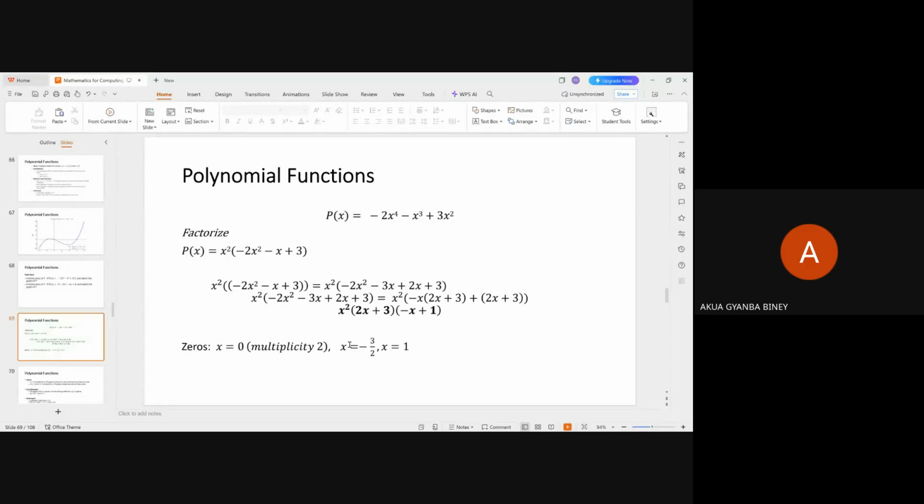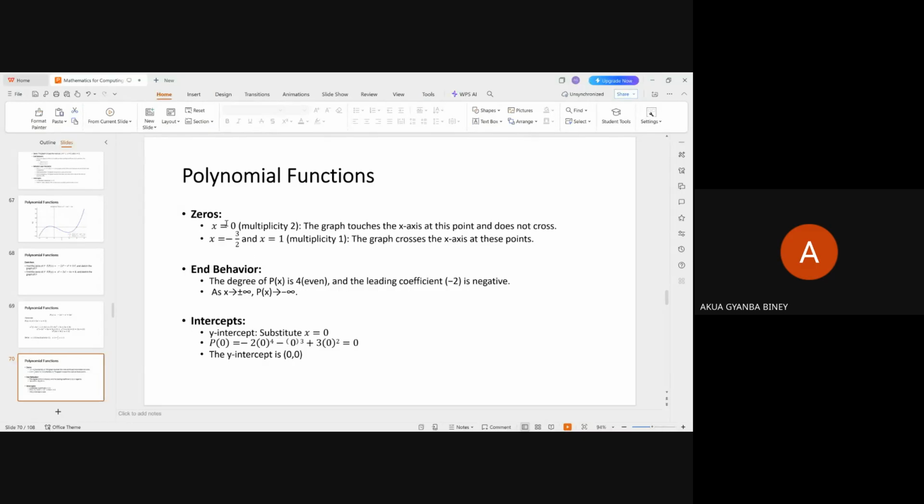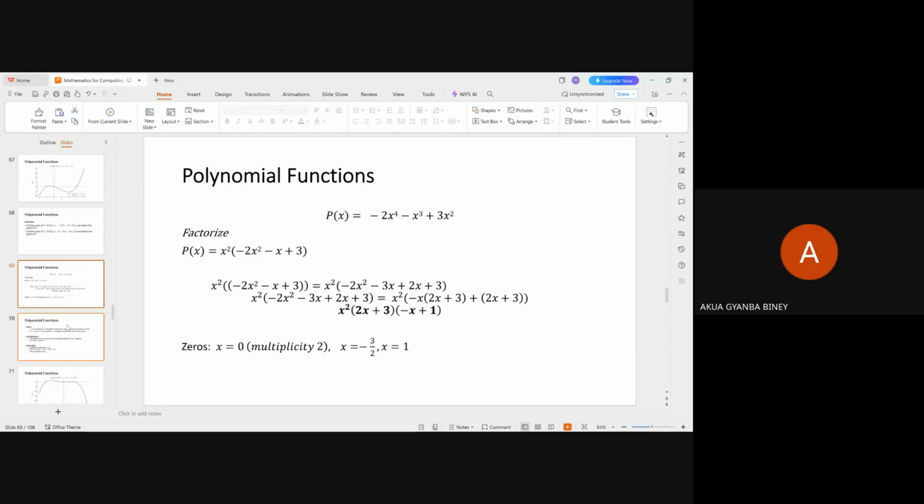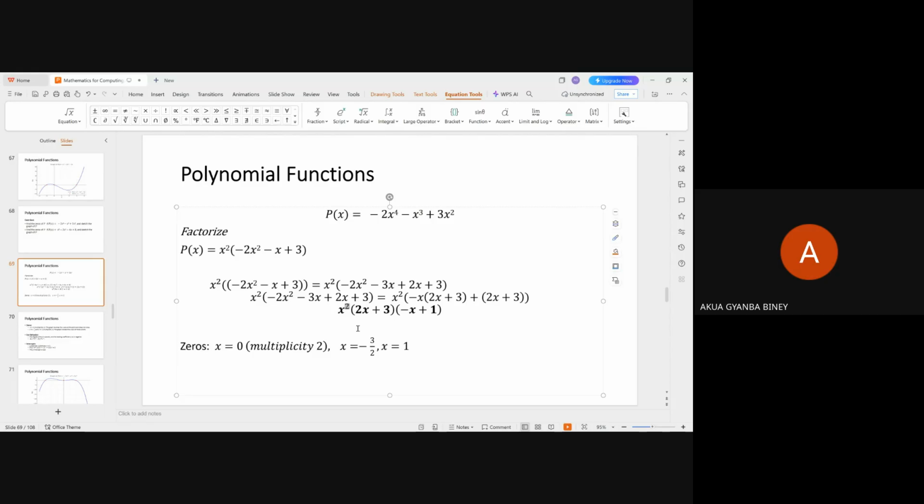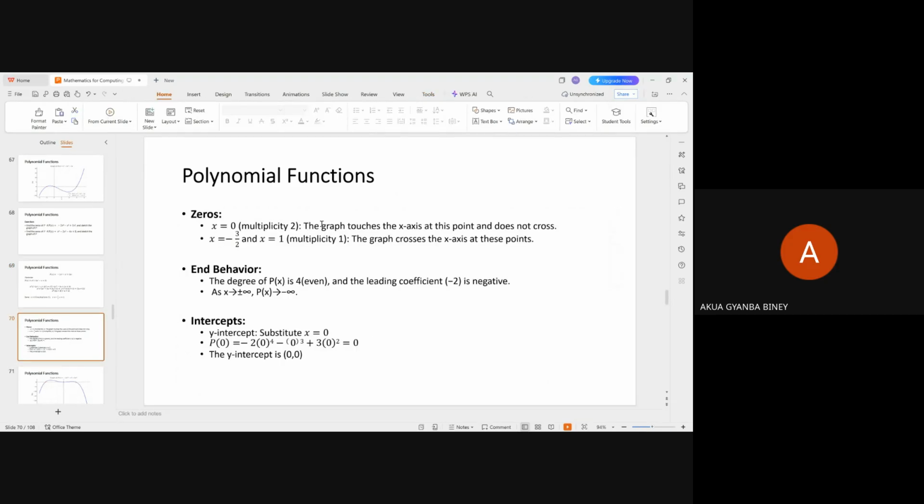So how will these zeros help us to sketch the graph? X equals 0 with multiplicity of 2, and that multiplicity is even. Because it is even, at that zero point it would always bounce off, it will not cross.